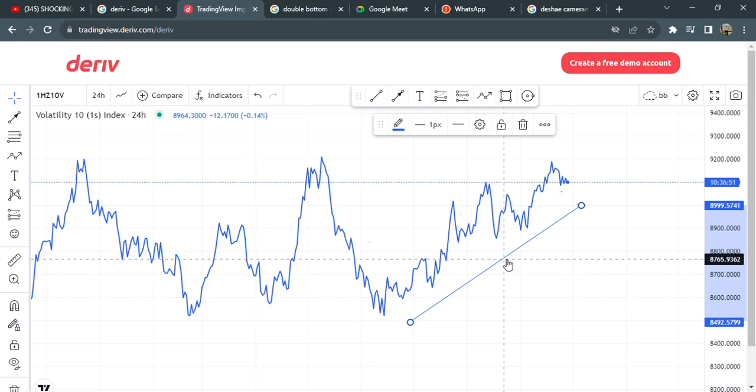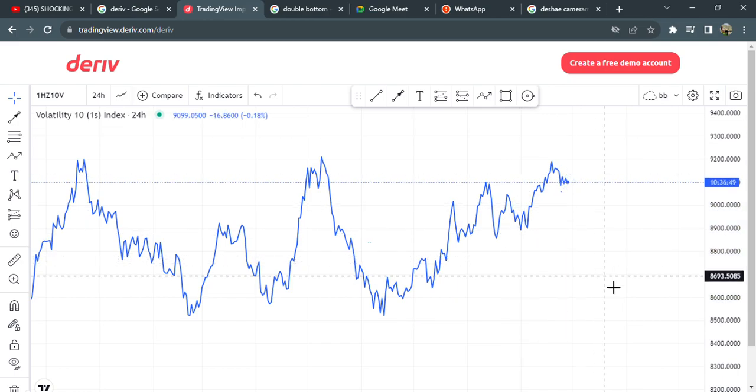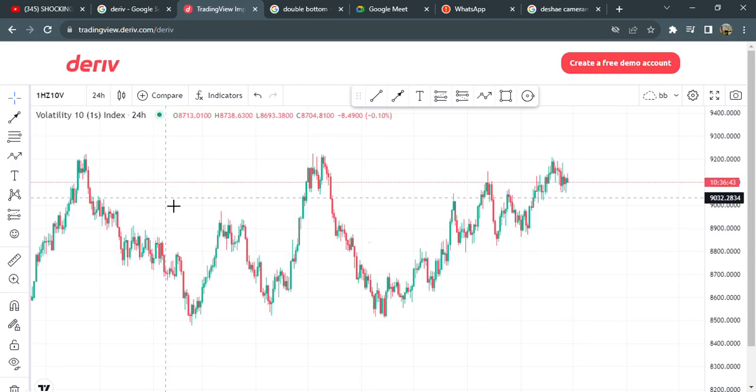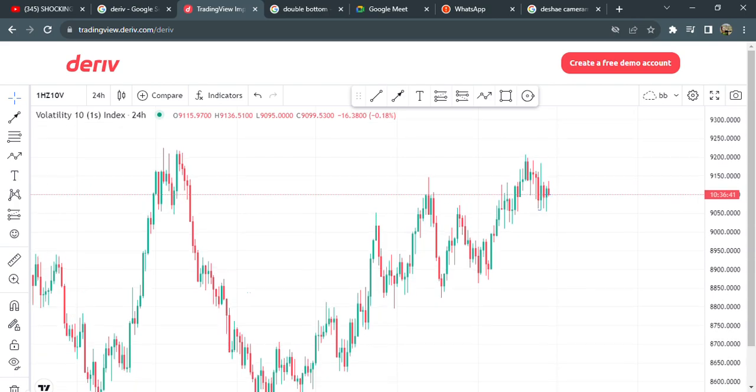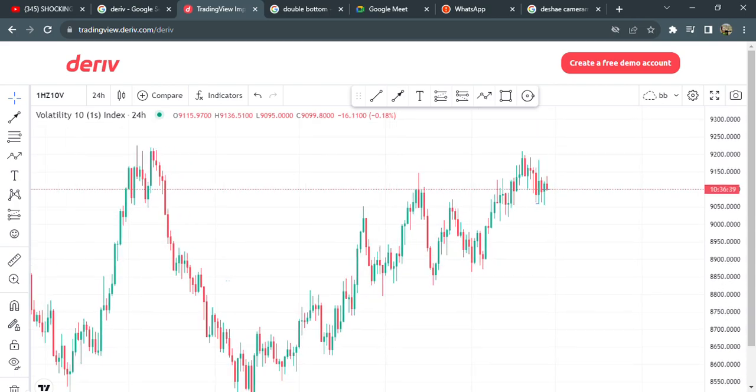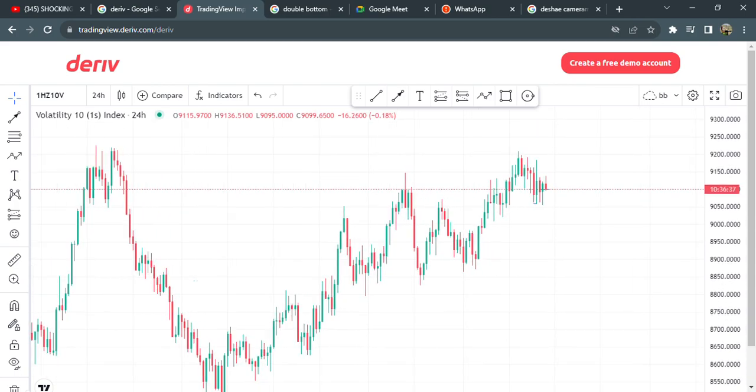You can see clearly it is in an uptrend. Yeah. So with that, now we need to mark our zones. As you can see here, this is the most recent swing low.